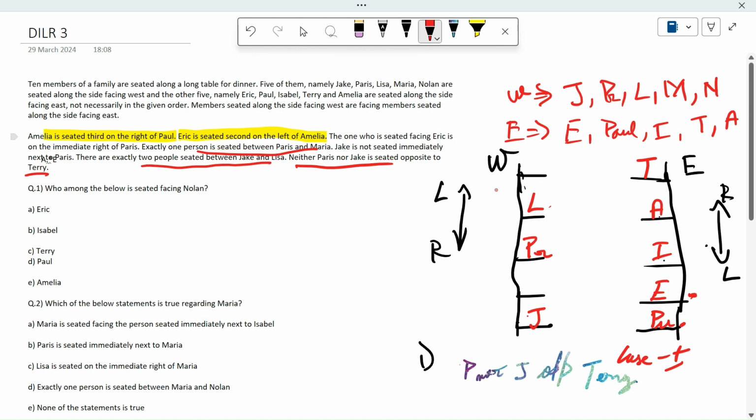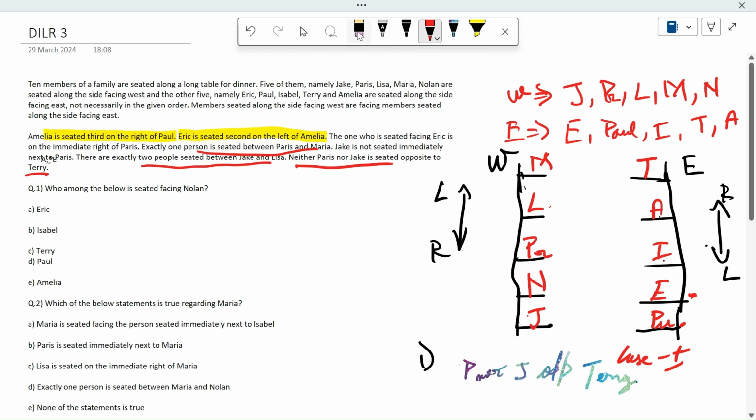We have used this point. There is exactly one person between Paris and Maria. So Maria can take only this position, because she cannot take this position, as there should be one person between them. So Jack is done, Lisa is done. M. Okay. So this is the position for case one.